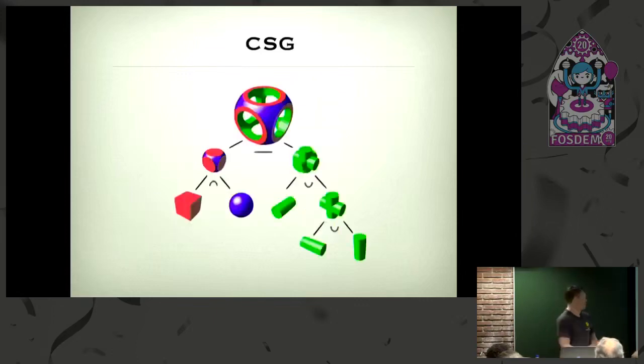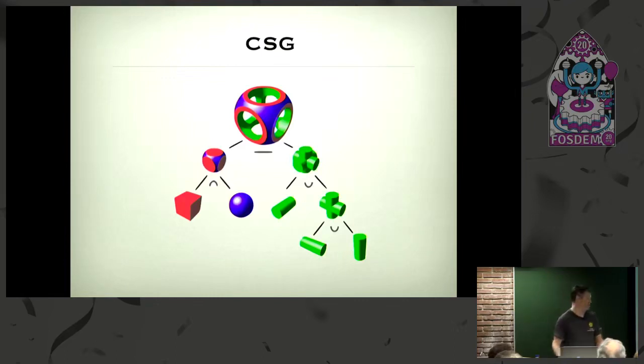CSG is a very classic old concept. In short, you start with solid primitives, and then you perform certain operations on those primitives, and those operations are defined in a way so that the result of the operation, the object, is still solid. The classic operations in CSG are unions, intersections, and differences.